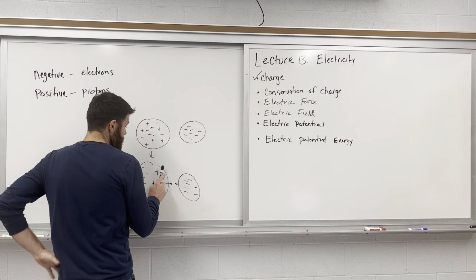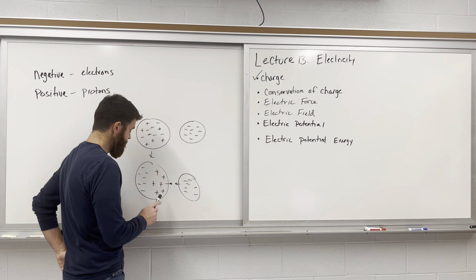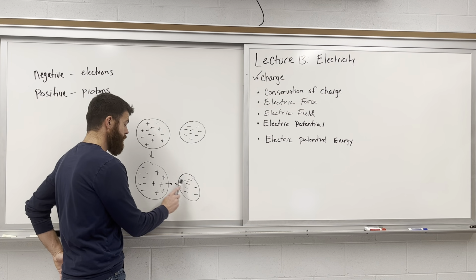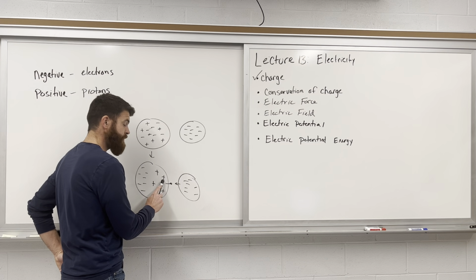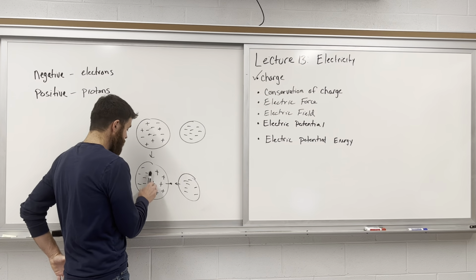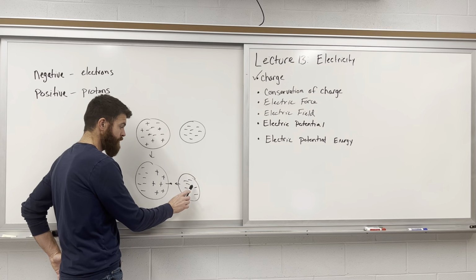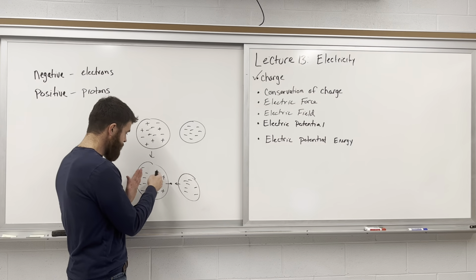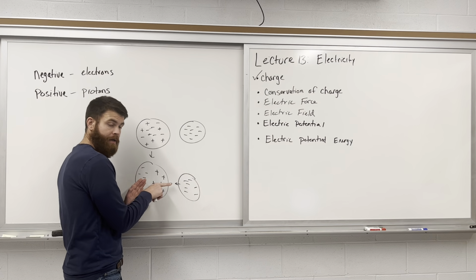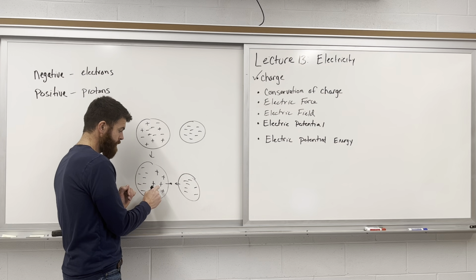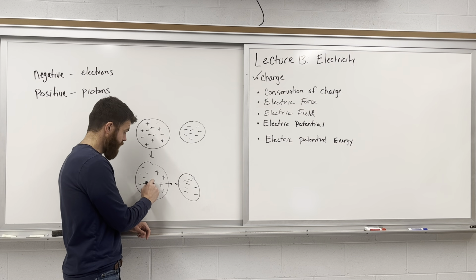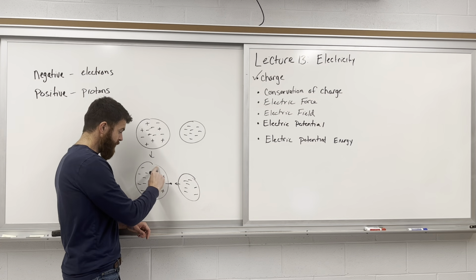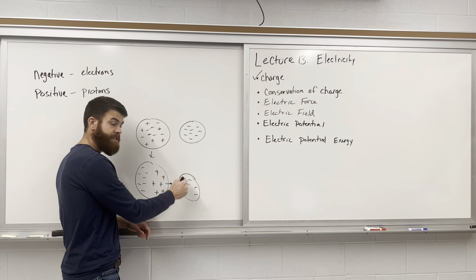So because these positive charges are closer than these negative charges, the attractive force between these negative charges and these positive charges is stronger than the repulsive force between these negative charges and these negative charges, being that they're further away. And so the net electrical force is going to be this way on this neutral object, because it's still electrically neutral, right? Because there's still the same amount of positive and negative, but the net force is going to be this way because the attractive force with these positive charges is slightly stronger because it's slightly closer.